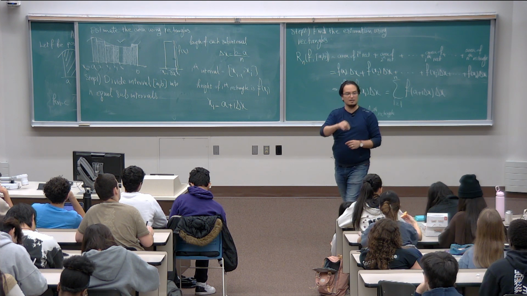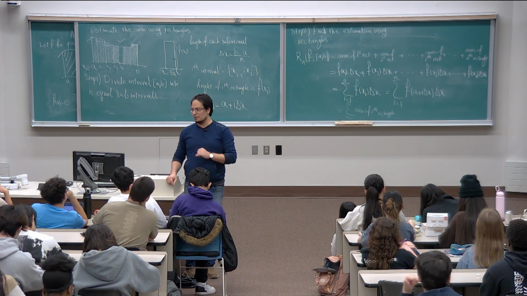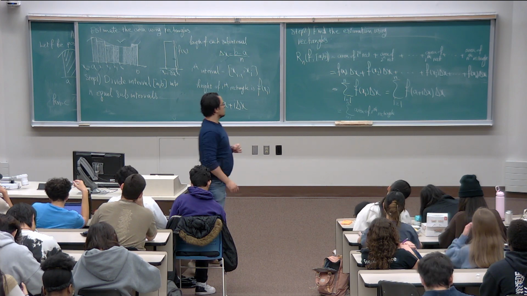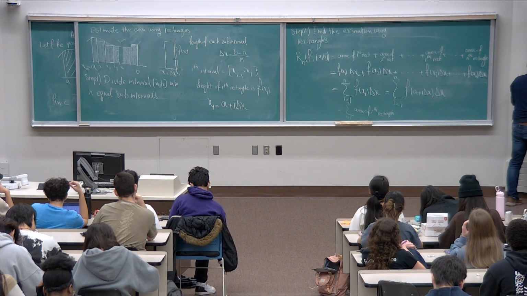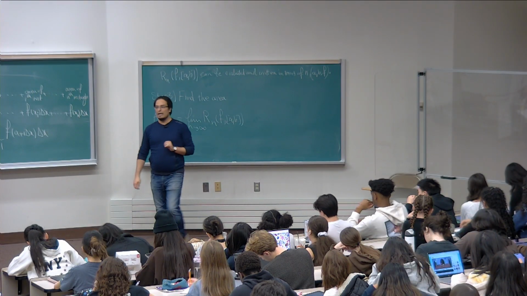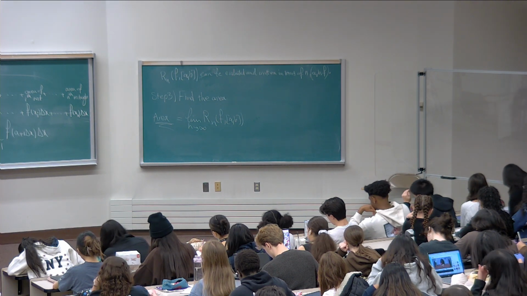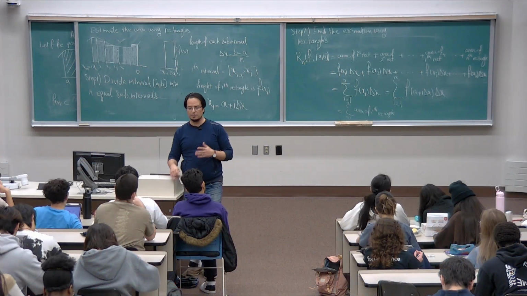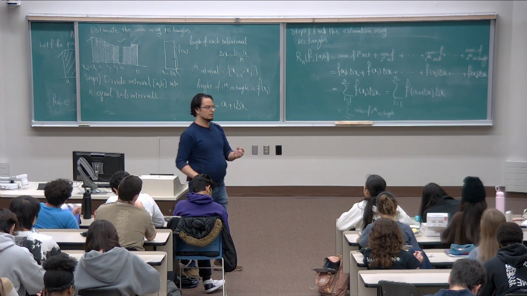Yes? That's just one aspect of that idea. Okay? So if you do that, then you will get the area. And in this last step, it's not anymore depending on n. It's just a number. Okay?